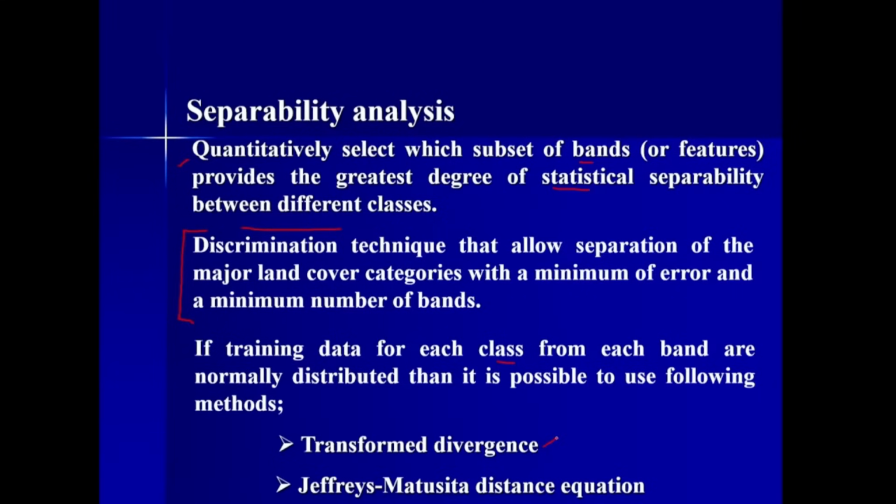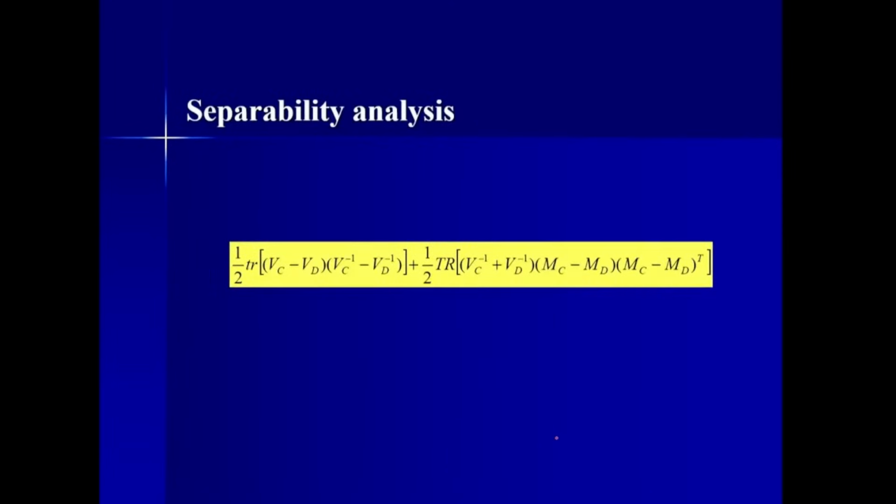One is the graphical method, and the fourth one, the Euclidean distance method, can be used for separability analysis. Here you can see the example of the graphical method. Graphically, on the three axes you can plot the band values, each band on each axis, and then you can find out visually which band combination is giving the maximum separation between the classes you are going to map.